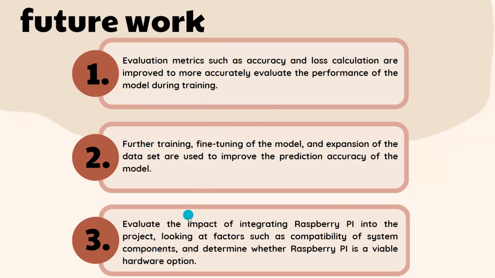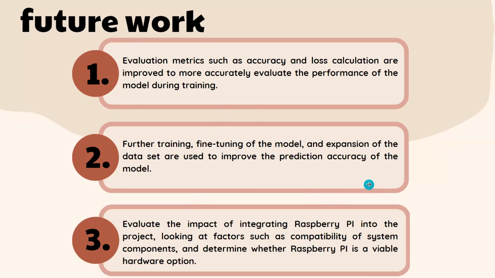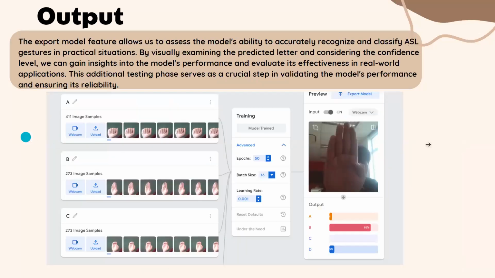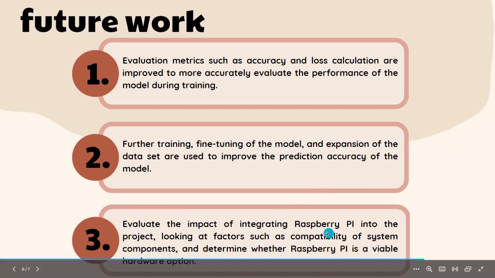And thirdly, to evaluate the impact of integrating Raspberry Pi into the project, looking at factors such as compatibility of system components and determine whether Raspberry Pi is a viable hardware option. Because when we ran the output and exported the model, we found that using Raspberry Pi to do it again is a redundant process and it's not very compatible with our system components.